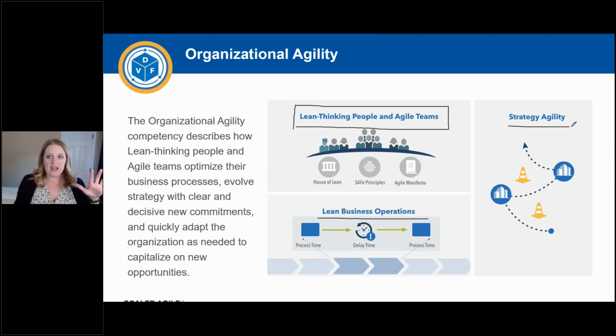It's moving away from only looking at our strategy once a year, once every 2 years, coming up with our big, thick strategy document, strategic plan 2021 through 2025. We're moving away from that, and we're continuously revisiting our strategy to make sure that it makes sense, to pivot as the market demands.